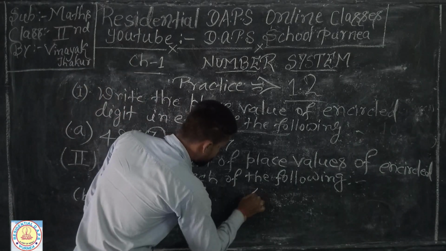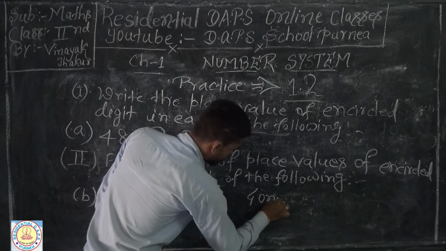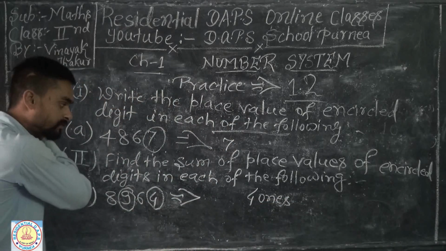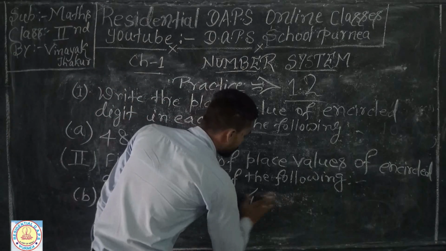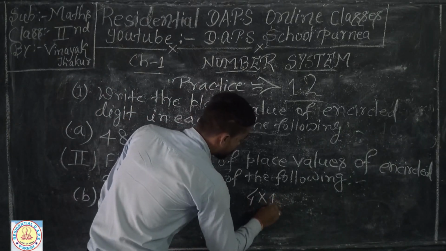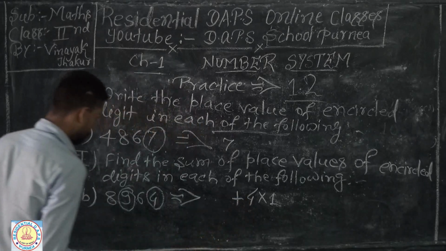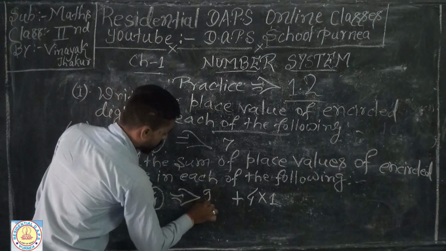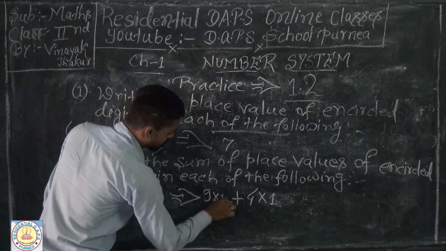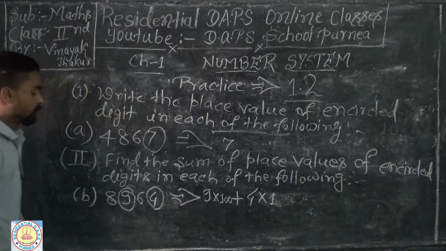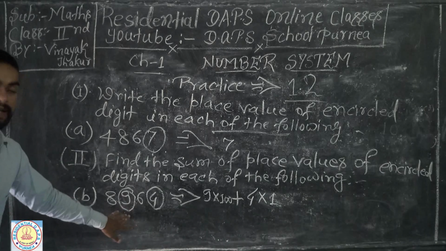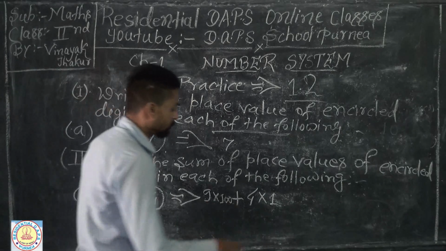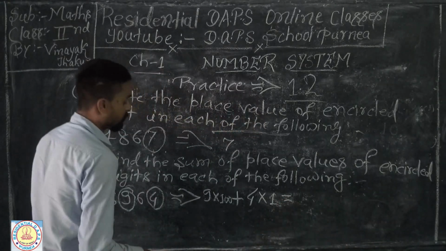4 ones means 4 into 1, so you can calculate it. 4 into 1 plus 9 into 100, because 9 is at the hundreds place. If you calculate both numbers you can find the sum.